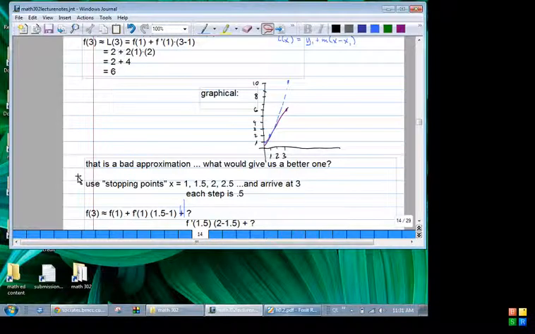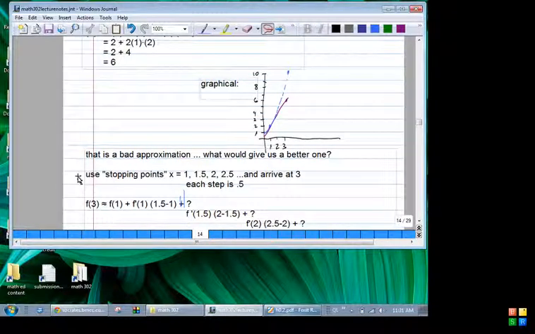And then what do I want to do from there? Then I'm going to say, okay, I've got that y value. Now I want to use a new slope, whatever slope I've got at x equals 2, and I'm going to go from x equals 2 up to x equals 2.5. So what we're doing is using the linear approximation formula, but only going half a unit in x at a time.